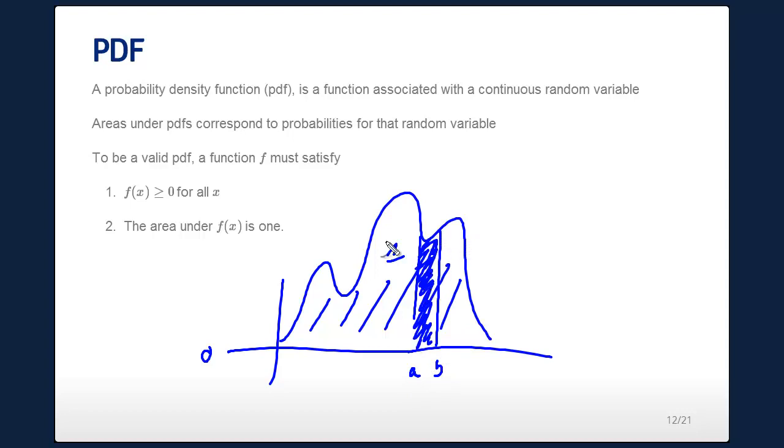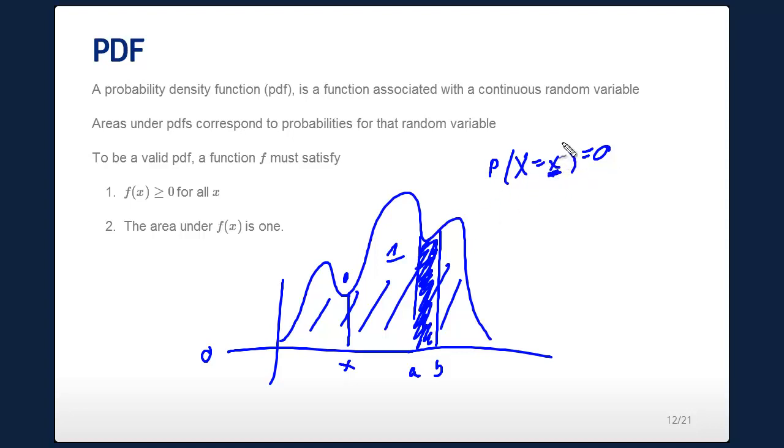This then implies the probability of a specific value is the area of that line, which is 0. So the probability that a continuous random variable takes on a specific value is 0. But that's merely a consequence of modeling x as a truly continuous entity.